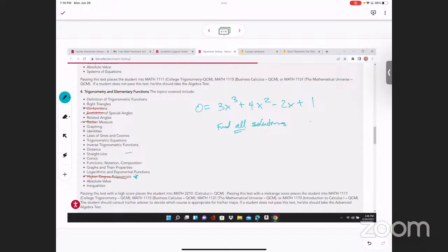So that graph might have 3 solutions. It might have 3 real numbers. It might have only 1 real solution and 2 complex solutions, but it will definitely have 3 solutions if you count multiple solutions, multiplicity, and if you count complex numbers, right?